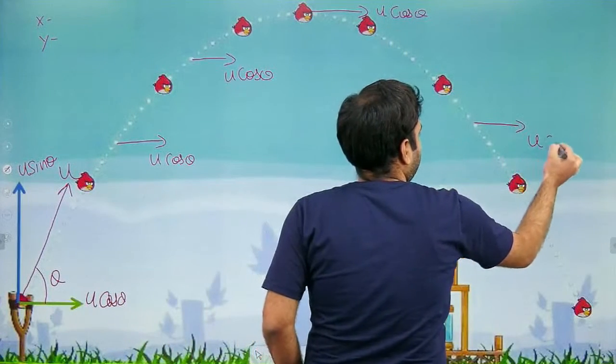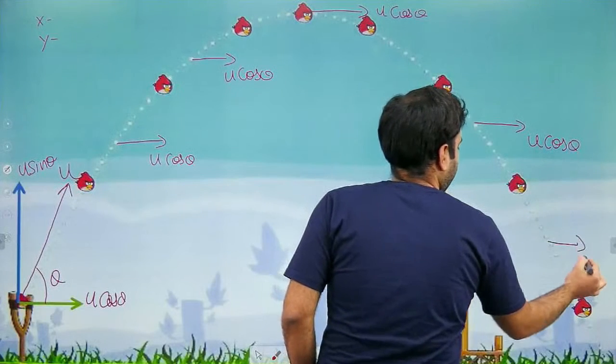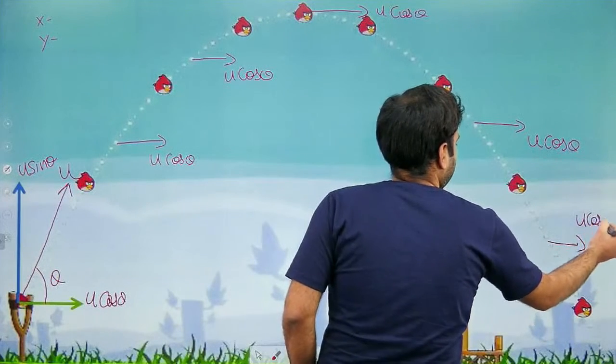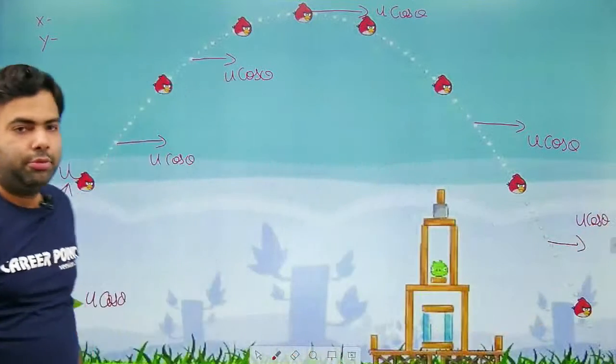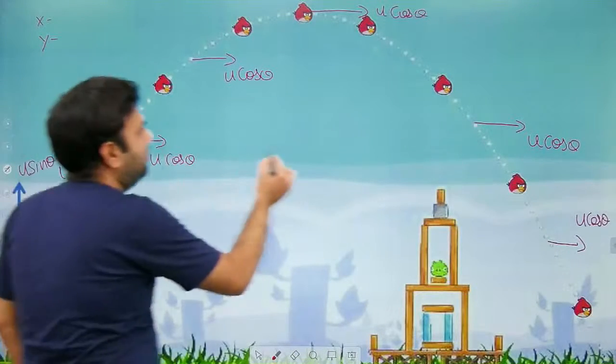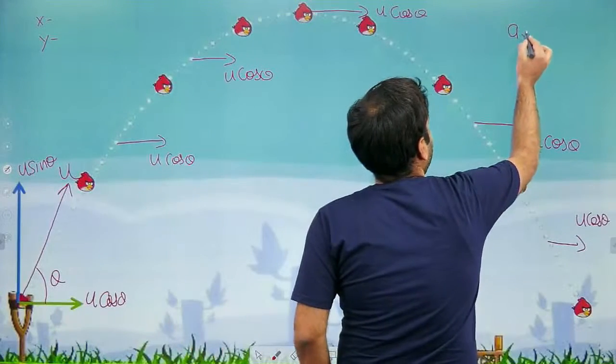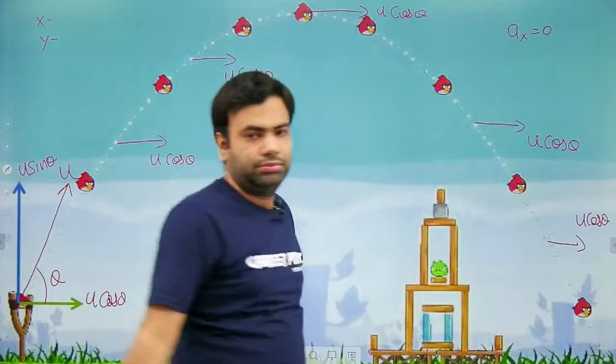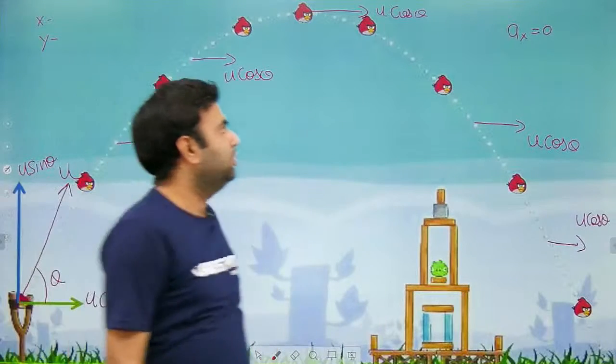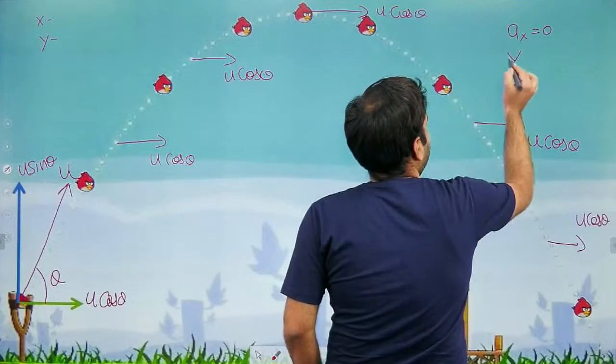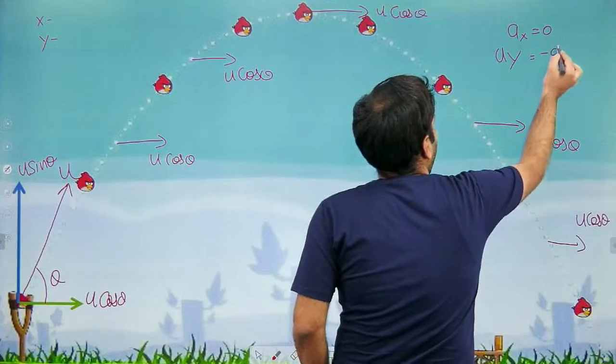At every point, horizontal component is same. Why is it same? Because we have acceleration in x direction which is equal to 0. If we talk about acceleration in y direction, it is equal to minus g.